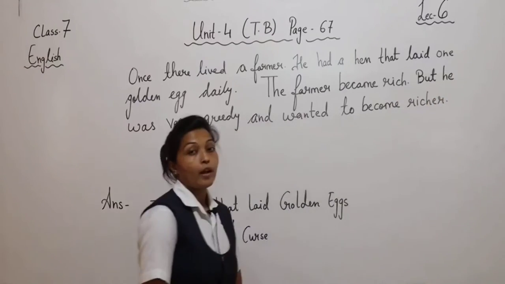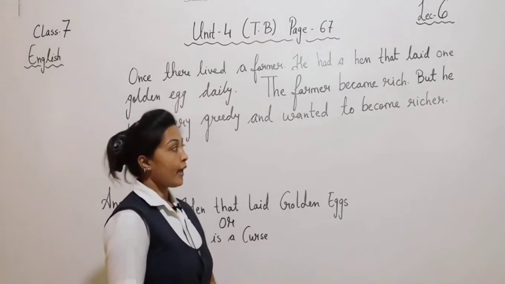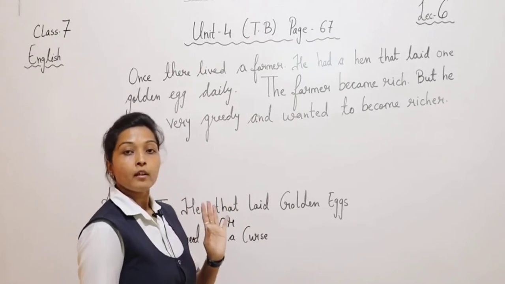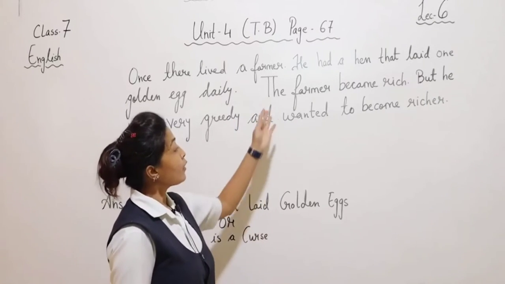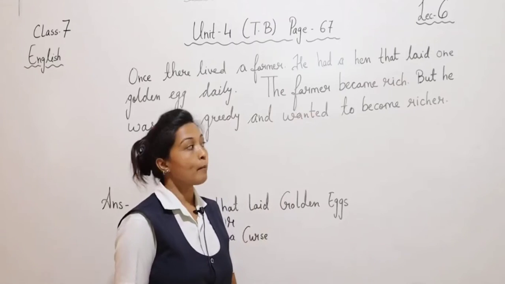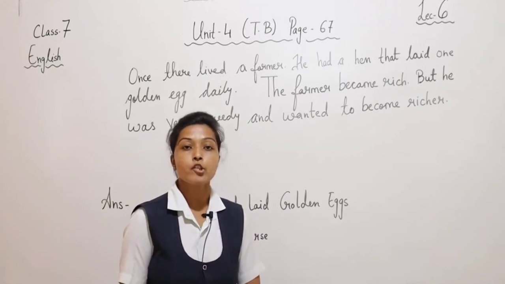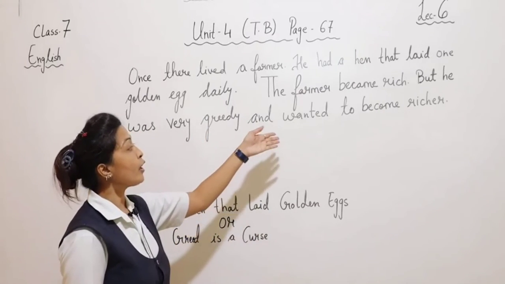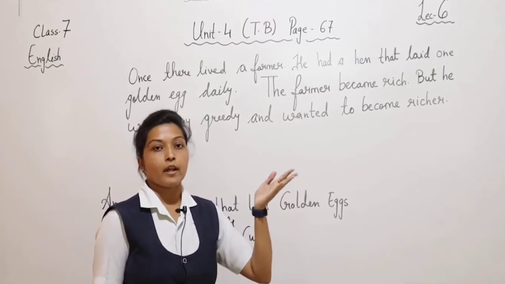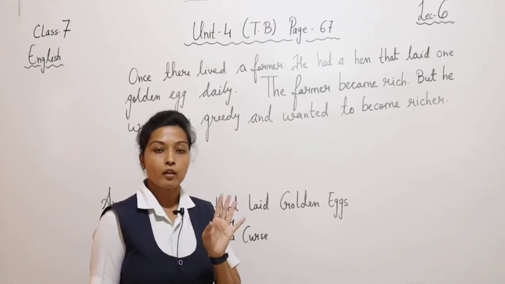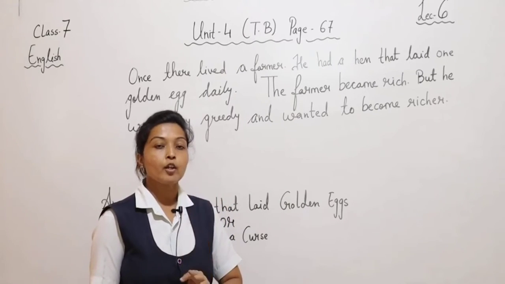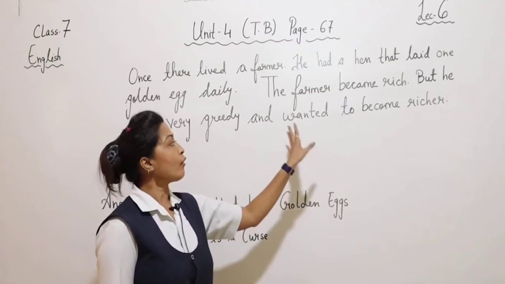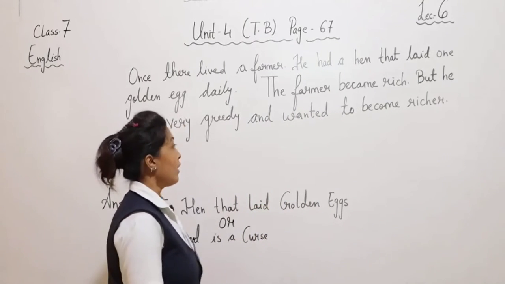Now see, every day farmer getting one golden egg, and the farmer became rich. But by nature farmer is greedy, so now he wanted to become richer. As he is rich, but he does not feel sufficient or satisfied, and now he wanted to become richer.